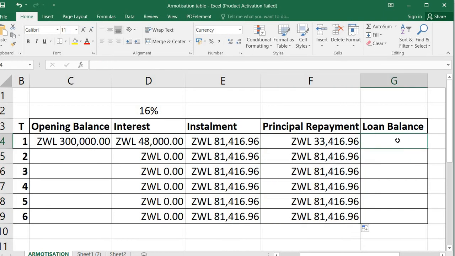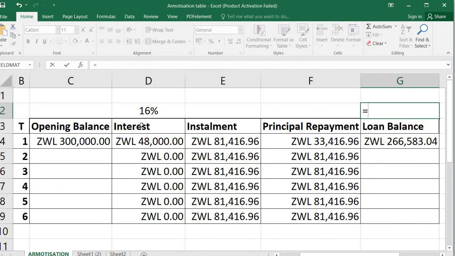So if that is the case, what would be our loan balance at the end of year 1? Now loan balance would be, I would like to put it this way. It is the opening balance minus what has been deducted from the principal. It is the opening balance minus the principal repayment, okay?